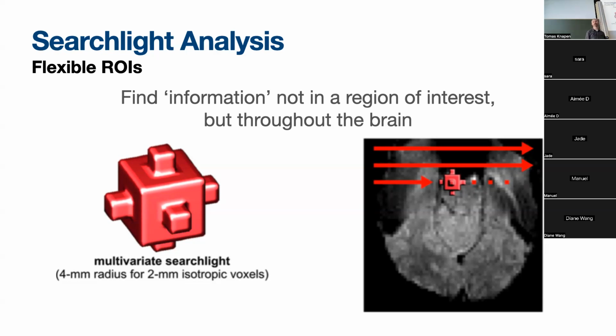Of course, you can change the size of the searchlight and so forth, but this is the general procedure. You just take an ROI shape like this, nice and uniform, and you run it through the entire brain. You can imagine one big disadvantage that this might have. Just imagine how many times you're doing this analysis.